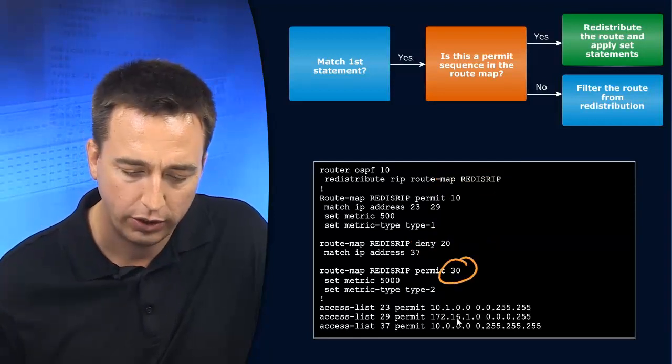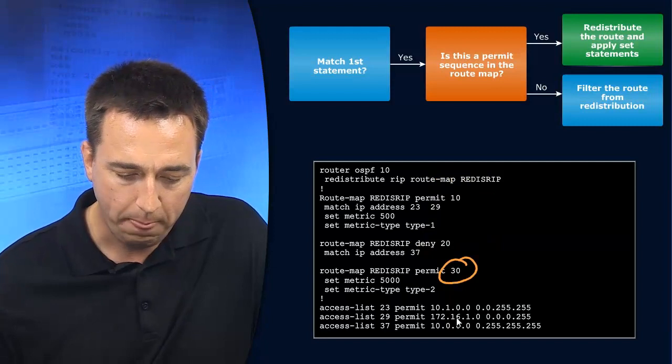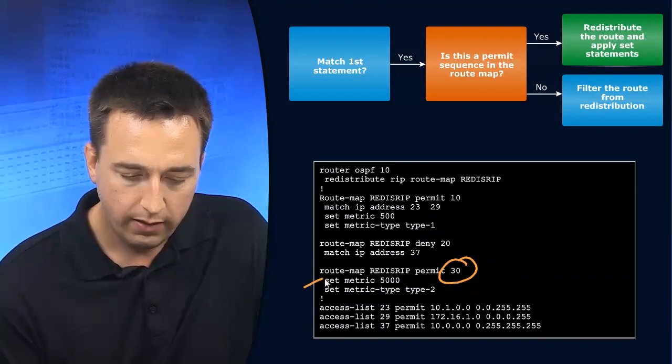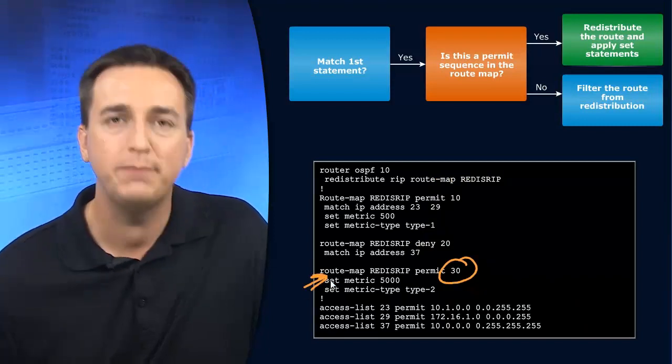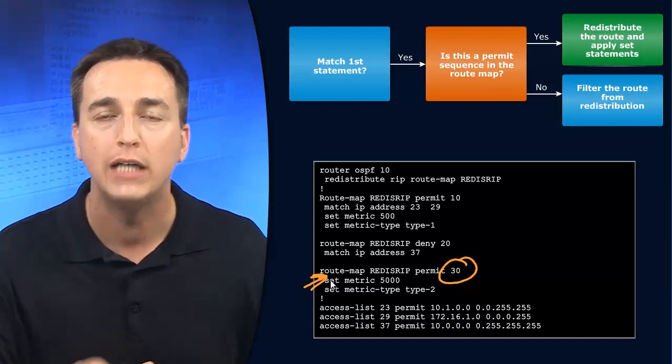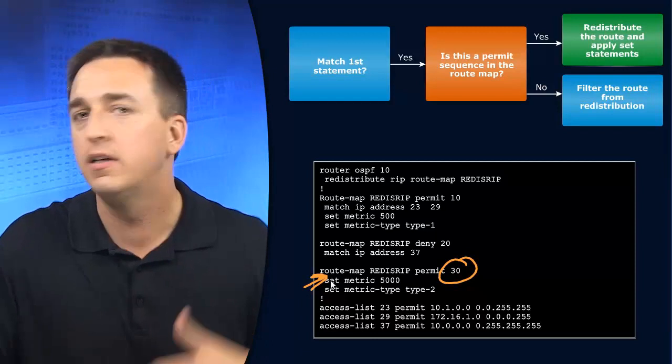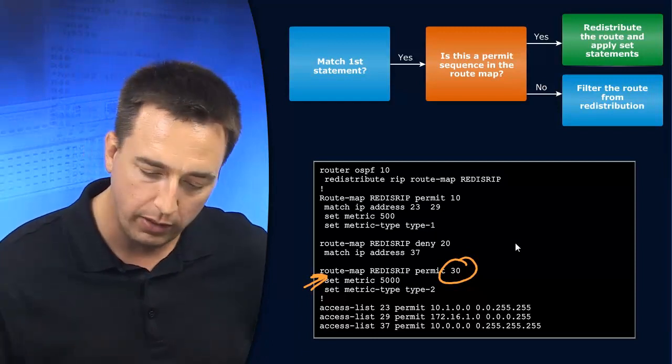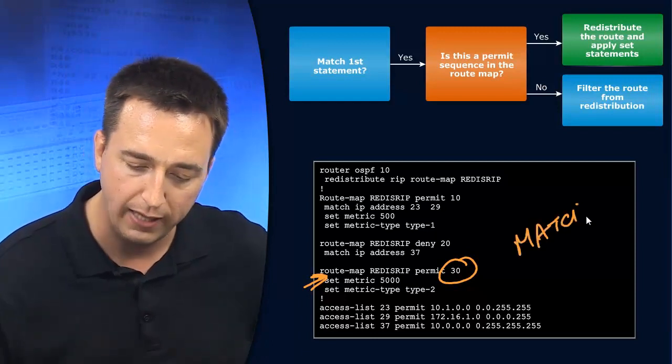Examining sequence number 30 says what? It says match everything. Since there's no match condition, match clause within that sequence, it means match all. So we're going to match all traffic in this case.